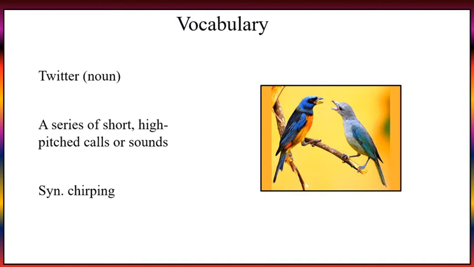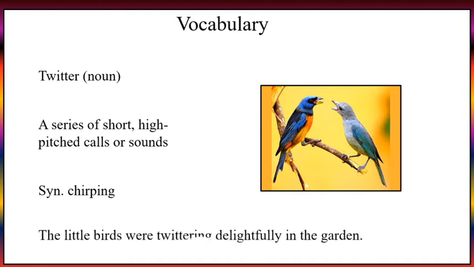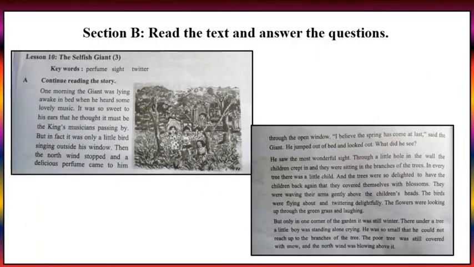This is a noun and it has a synonym, chirping. And you can write down, the little birds were twittering delightfully in the garden. So we have learned three vocabularies from this text, and now you have the reading text in section B.